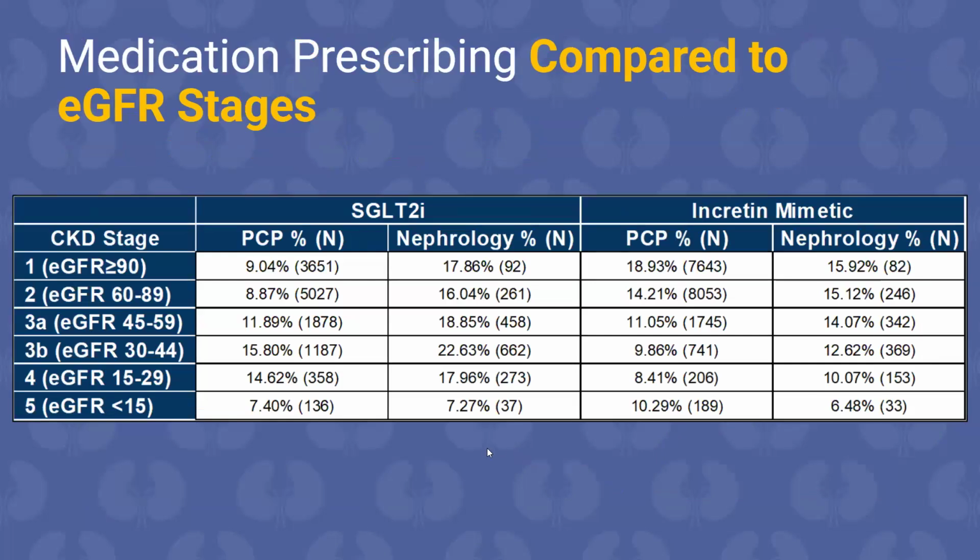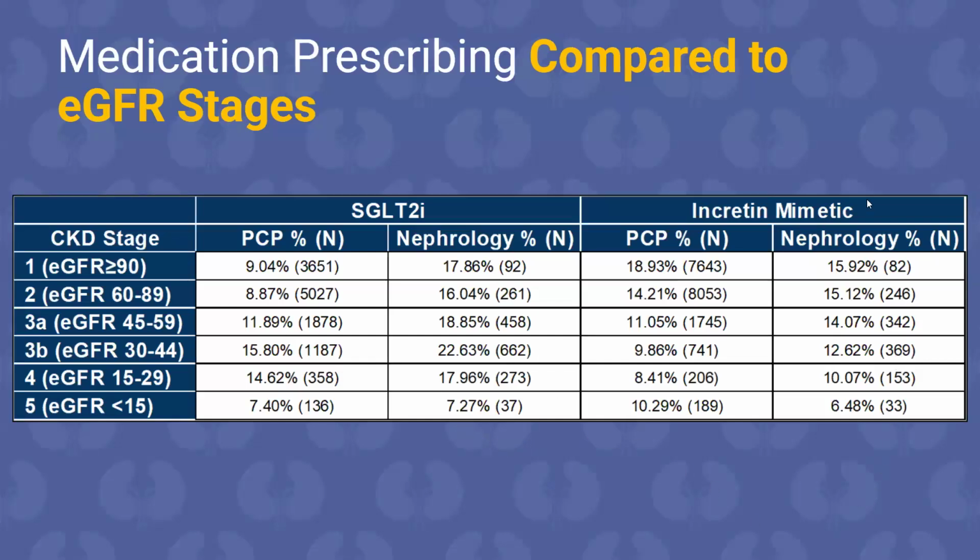And by eGFR stage, this just breaks it down by that. Again, with nephrology, not surprisingly, we see more patients in this range. Honestly, not that huge difference from the primary care, but I think it's really good that in the stage 3, which is hopefully early enough to make a big difference for our patients, we seem to be a little bit ahead of where the PCPs are.